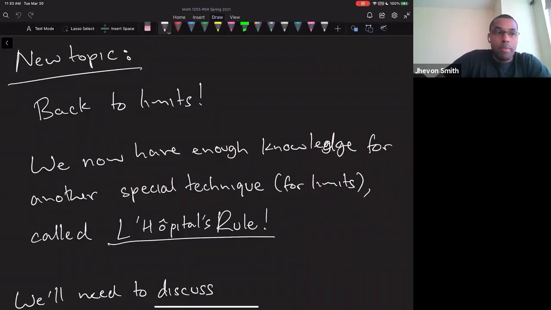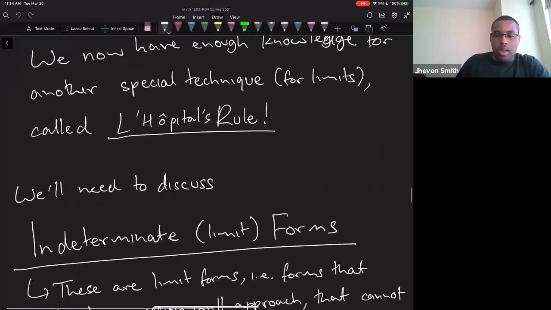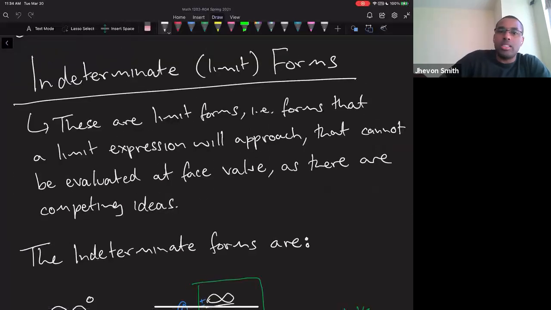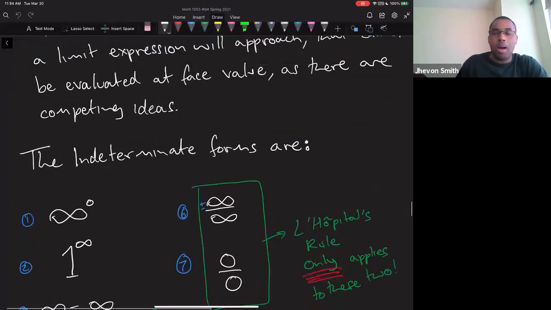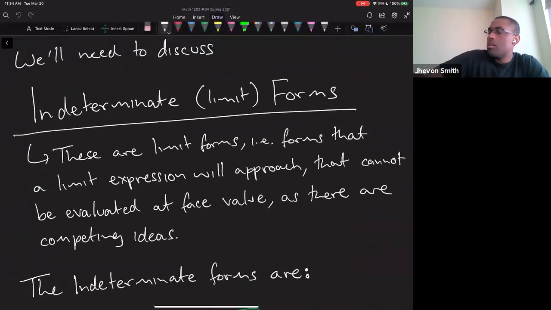Yeah, with that being said, let's actually just move on. So we went back to limits because we want to talk about a new special technique called L'Hopital's rule. For that, we needed to discuss things called indeterminate forms. Now, these were limit forms. These forms arise when you're taking limits because, of course, infinity doesn't really arise from some computation, but it arises when you're taking limits.